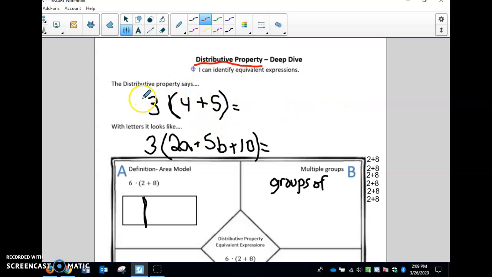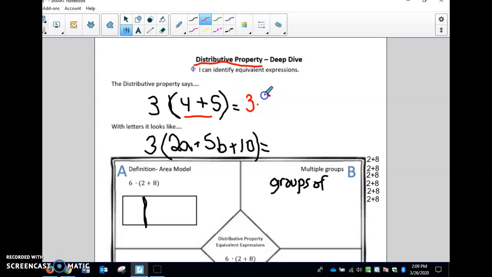So the idea is that if I have this expression, I can do things that are mathematically sound, or that have good mathematical reasoning, to write expressions that are equal to this expression. For example, if I've got 3 times (4 plus 5), if you did the last module, normally you'd evaluate parentheses first, you'd get 4 plus 5, which is 9, and I could write this as 3 times 9.